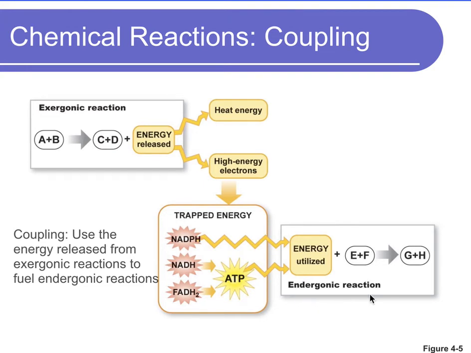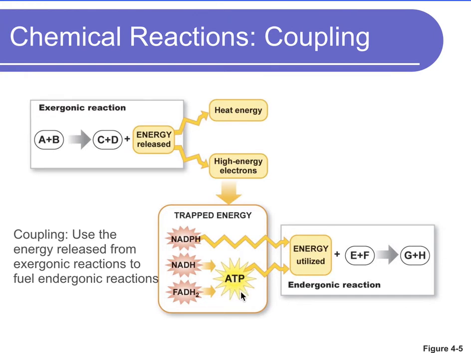So what we can do is couple an exergonic reaction with an endergonic reaction. And that's where ATP comes in. That's the energy of our body. So what ATP does is it turns into ADP. And when ATP becomes ADP, now the T means try, the D means die.